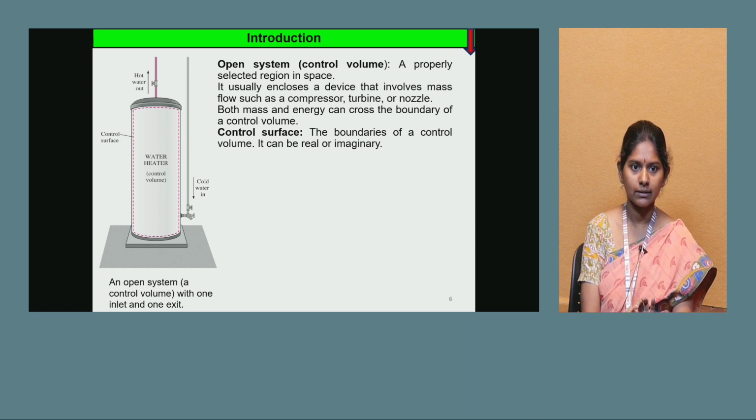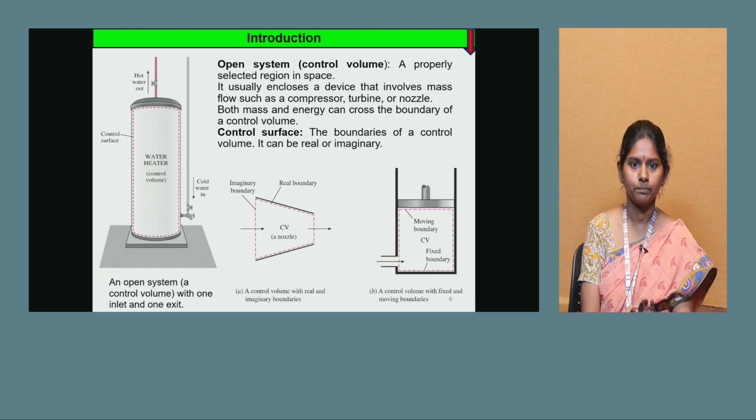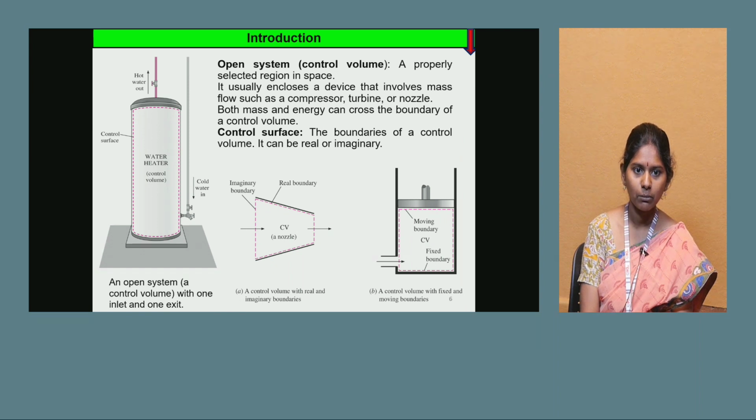So a water heater is an example of an open system with a control volume. Here there are two boundaries, the imaginary boundary as well as the real boundary.